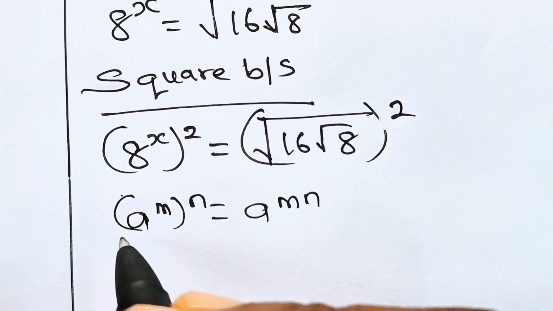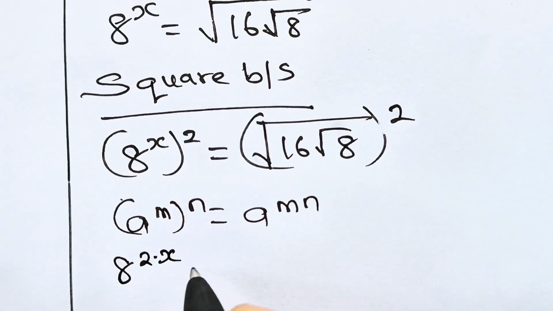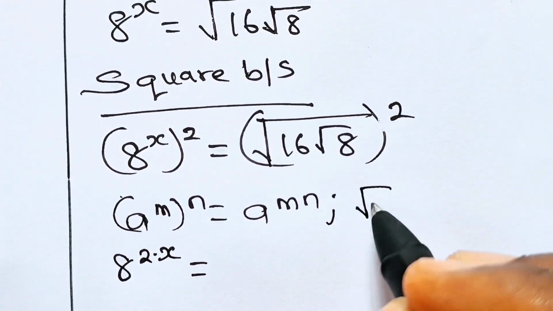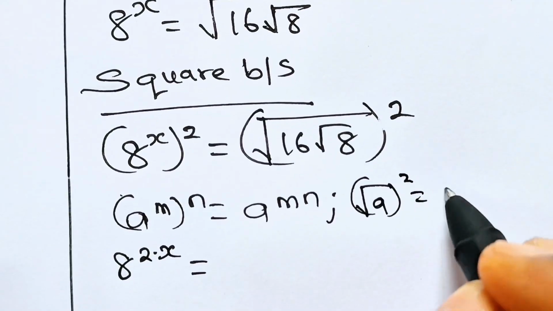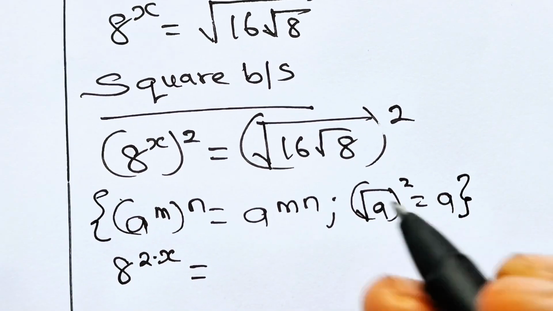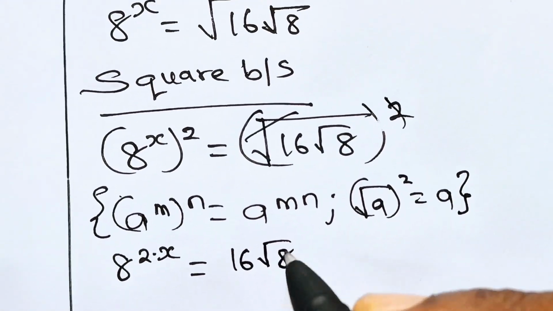So that means this is 8 to the power of 2 multiplied by x is equal to, now remember that square root of a squared is equal to a. So this should be equal to 16 root 8.